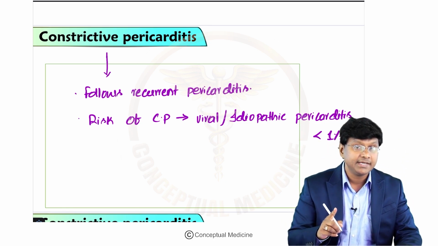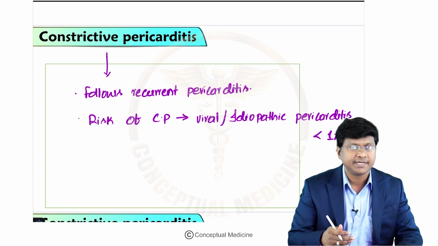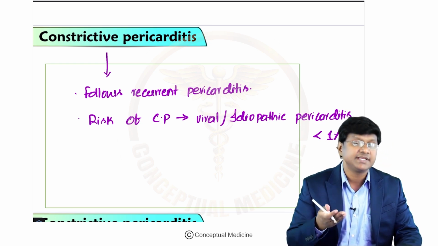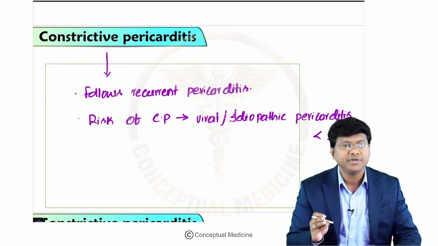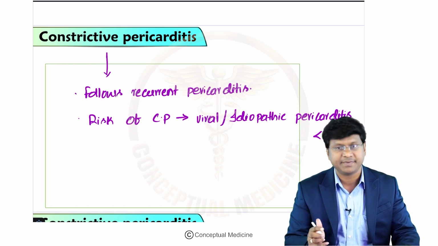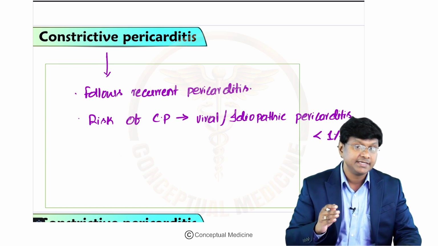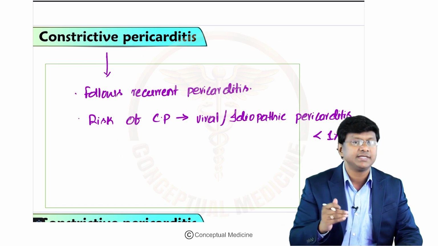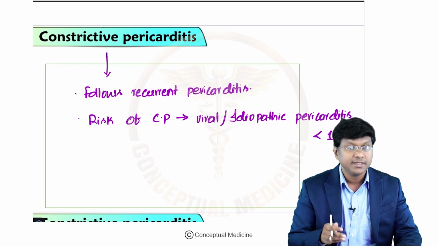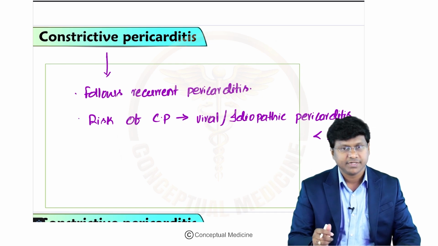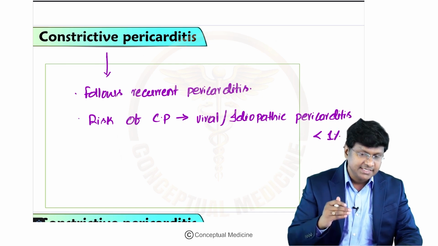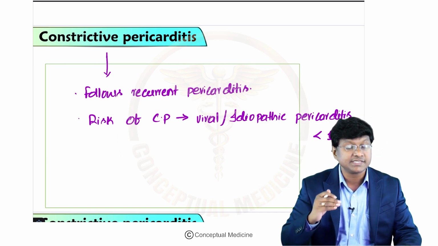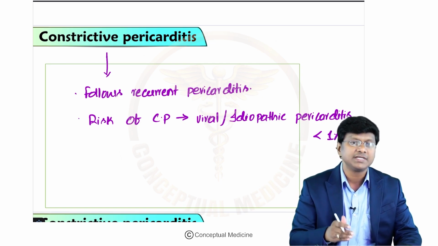Its occurrence increases following immune mediated or neoplastic pericarditis, and it is highest following bacterial pericarditis. And what are the other causes?